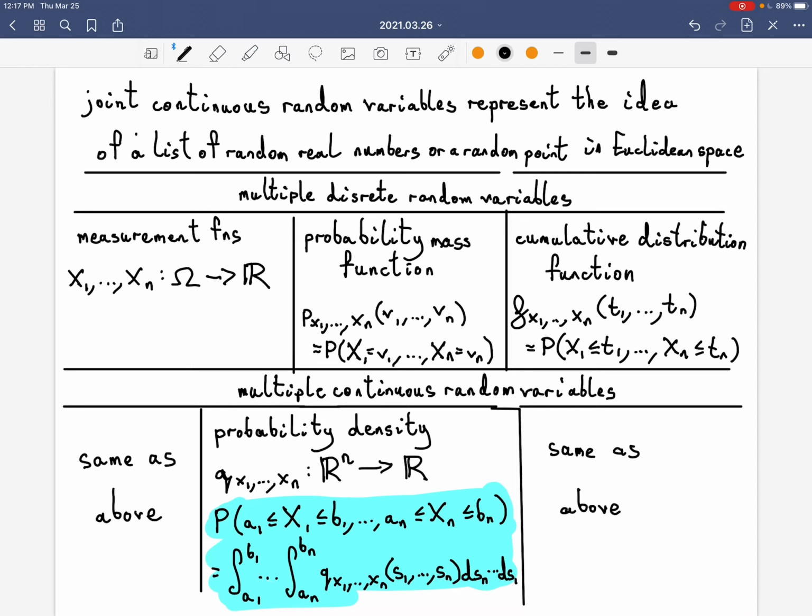So with multiple continuous random variables, it's exactly the same idea, except now instead of thinking of your random variables as having only finitely many possible values, you allow your random variables to be arbitrary real numbers that could vary continuously.